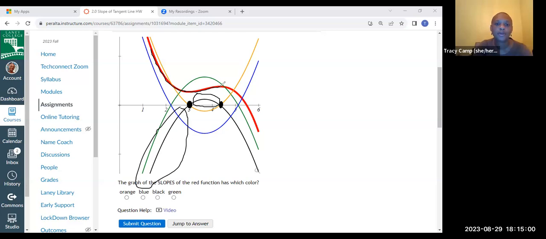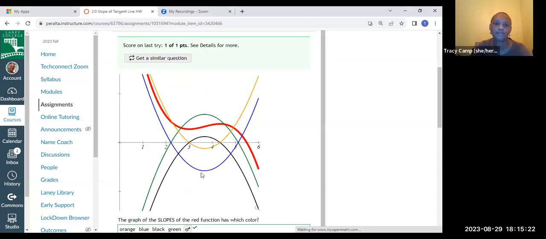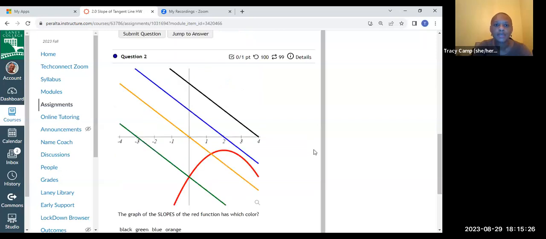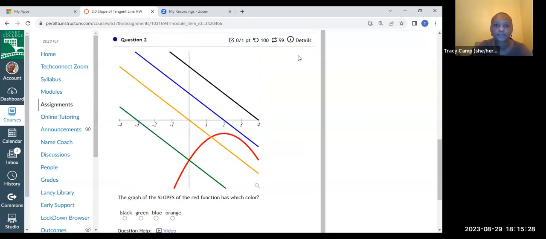Then I keep going along my red curve and I start going downhill again, which means my function's decreasing, so my derivative is negative, below the x-axis, which again is the black curve. So my answer is black. The black curve is the derivative of this function. Let's look at the next one. So problem number 2.